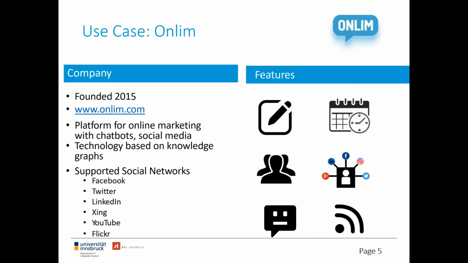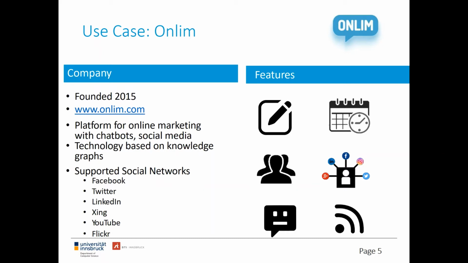So for the case, we took a specific social media management tool. It has been the main product of OnLim. OnLim is a spin-out company of our institute, Semantic Technology Institute, Department of Computer Science, University of Innsbruck.